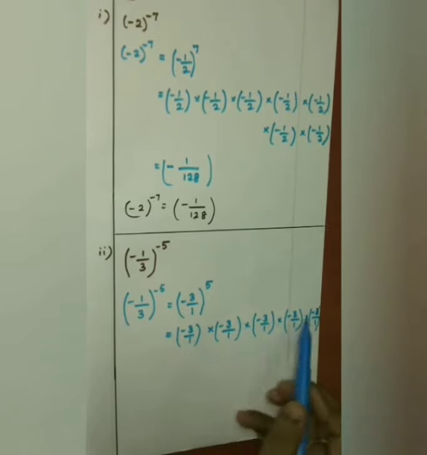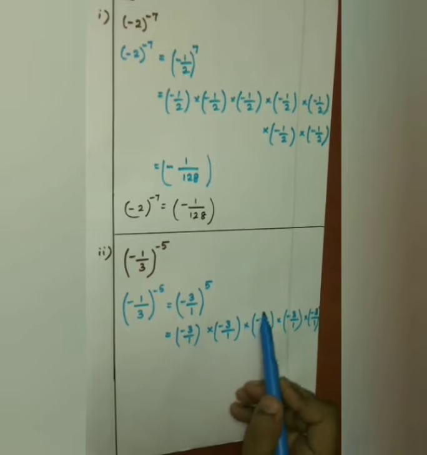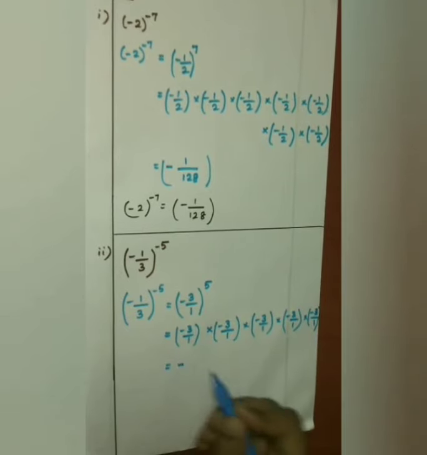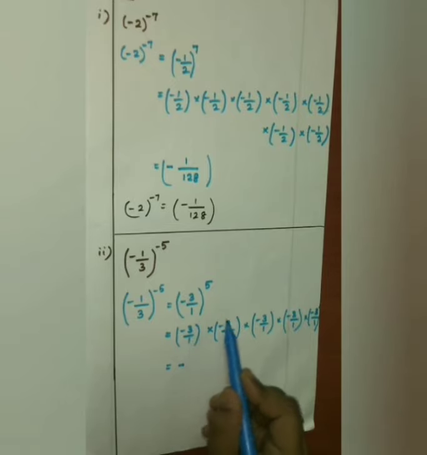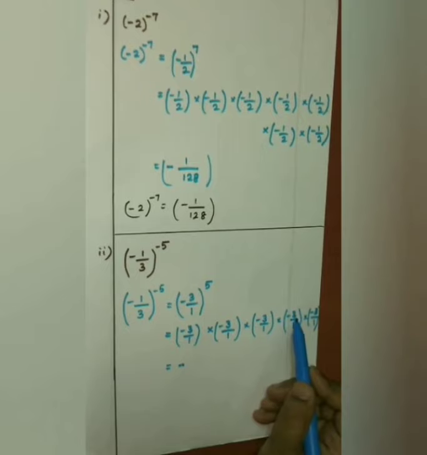First you multiply the signs. So minus sign, when it is multiplied 5 times, we get minus. Then multiply the numerators. 3 into 3, 9; 9 into 3, 27; 27 into 3, 81; 81 into 3, 243.